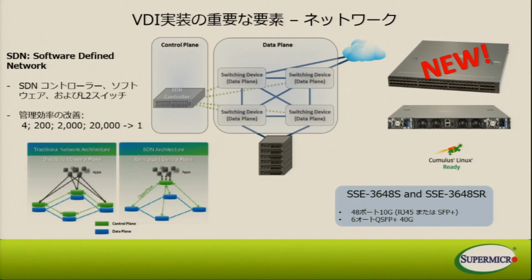This brings a lot of advantage over a traditional switch network, because there you have to go into each switch and change their routing table one by one, right? So SDN can help you do it all at once. Think about having 200, 2,000, 20,000 switches in a network or in the data center. If you want to change their routing table, an SDN controller is the right choice here.